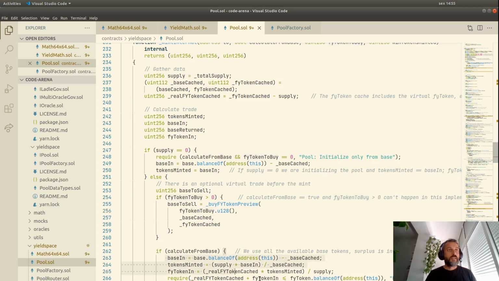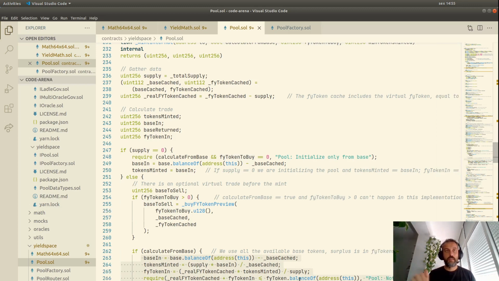That's the math here. But there is also the thing that you might want the change to be left in underlying, or you might want the change to be left in FY token, because you will calculate it off-chain, but by the time that you execute the transaction to add liquidity, the market might have moved a little bit.